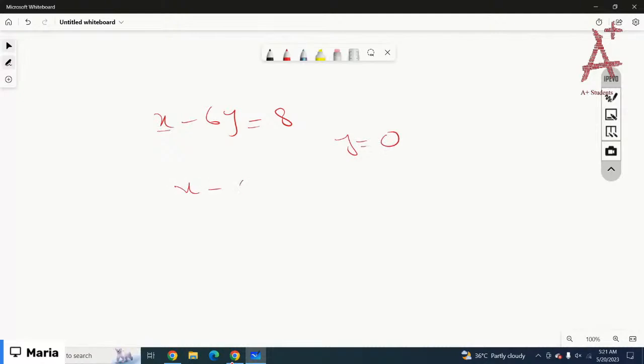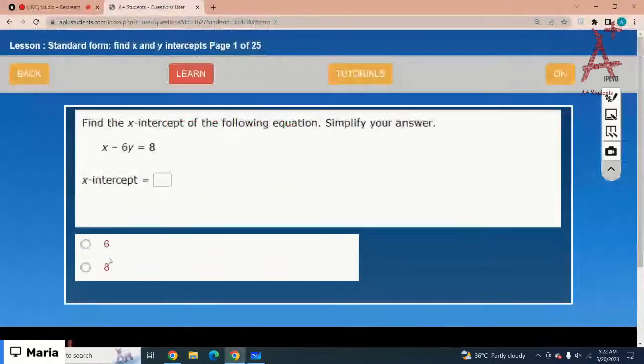It would be x minus 6 times 0 equals 8. 6 times 0 is 0. You are left with just x, and x equals 8. Got it? That means x equals 8 is the point where the graph passes through the x-axis. The correct option is x equals 8.